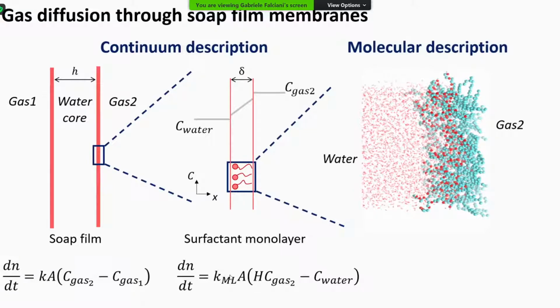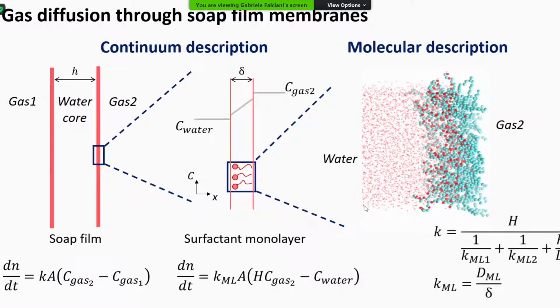As you can see, in this K_ML are summarized all the interactions between the gas and the surfactant molecules. So this K and this K_ML are the two essential parameters in order to make predictions on gas transport phenomena across soap film. And these are related by this formula here, where the uppercase H is the Henry's law constant, so the solubility of the gas in the water.